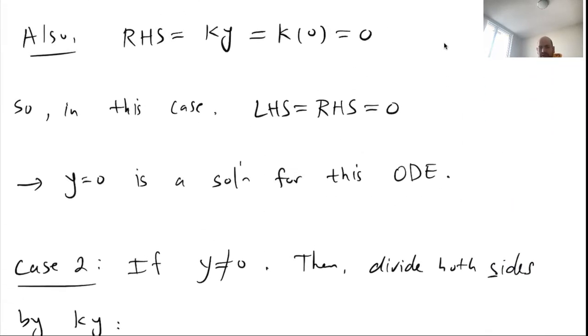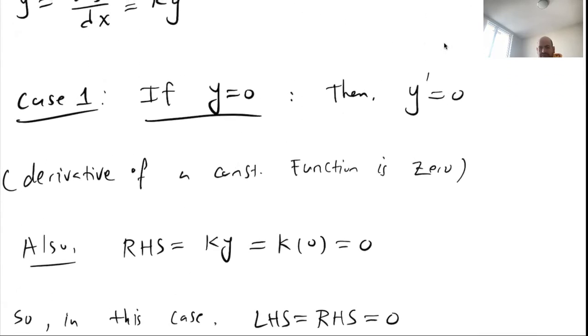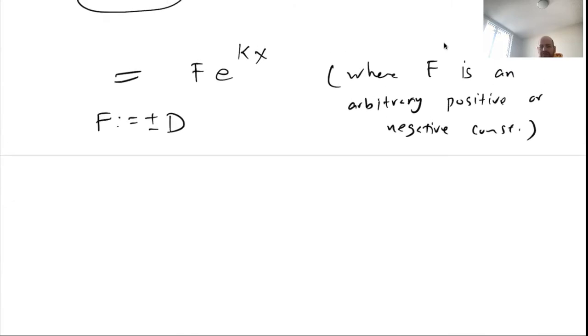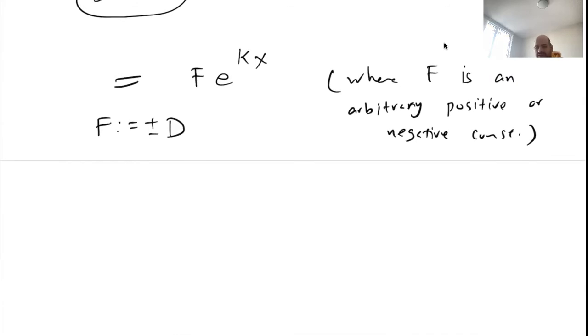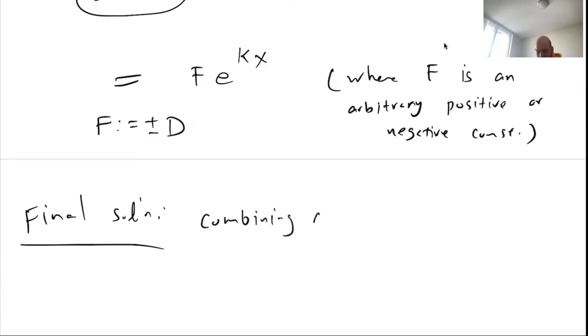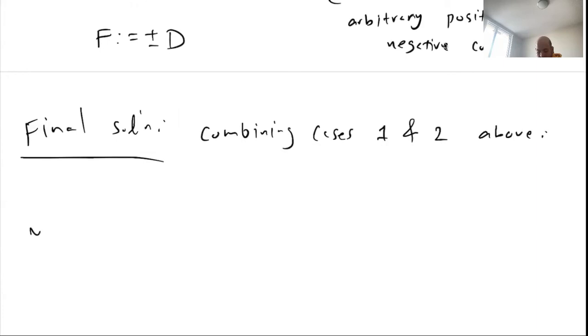But in case 1, we had a solution which was y equals 0. And y equals 0 corresponds to the case where f is 0. If f is 0, then the solution will be 0 because 0 times anything is 0. So combining cases 1 and 2 above, we can say that the final solution is y equal to f e to power kx, where f is an arbitrary constant.